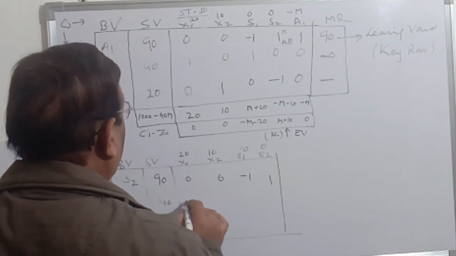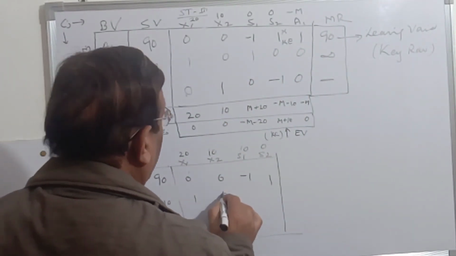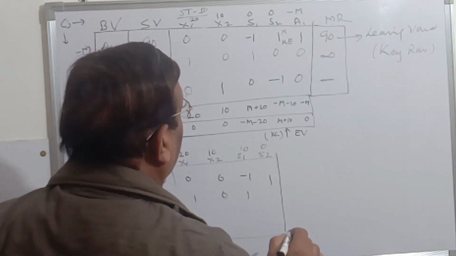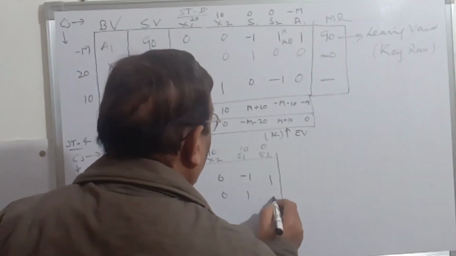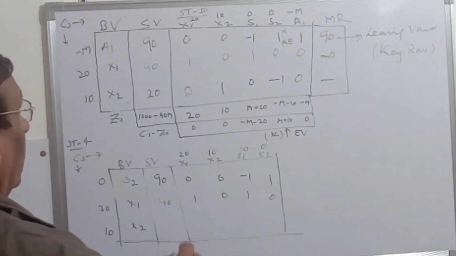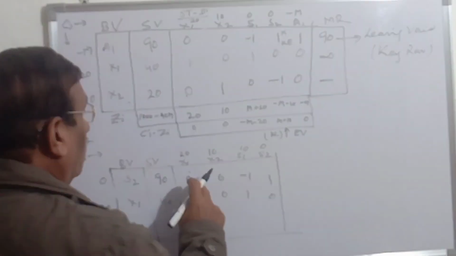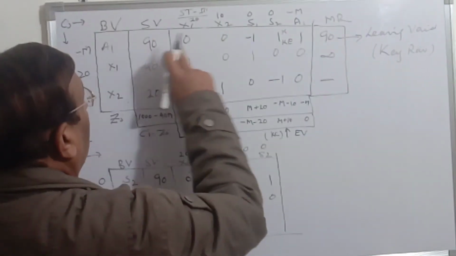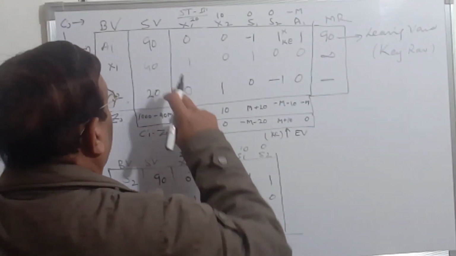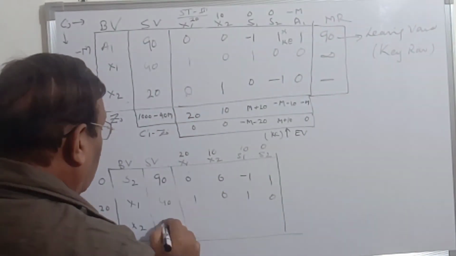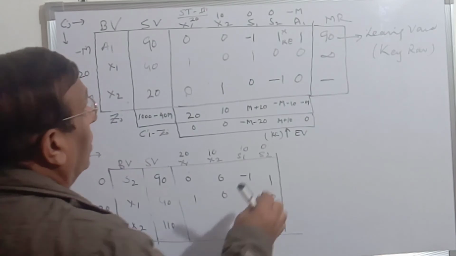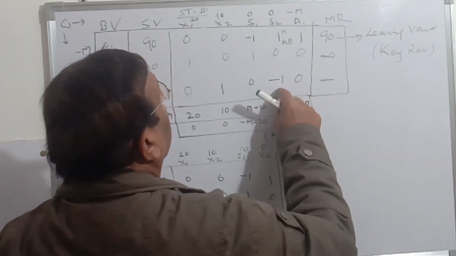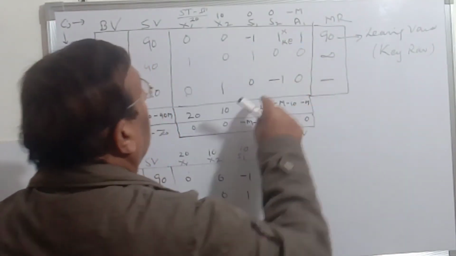So 40, 1, 0, 1, 0. Here you have to add this row into this row. This is 90 plus 20, 110, because you want 0 over here, then you have to add this row into this row.